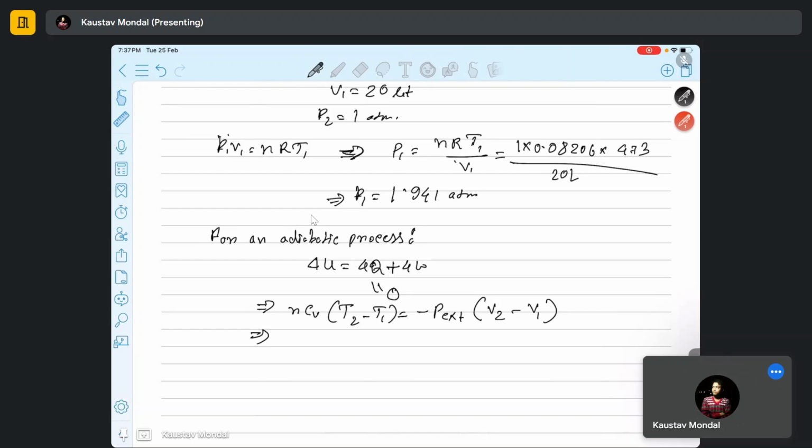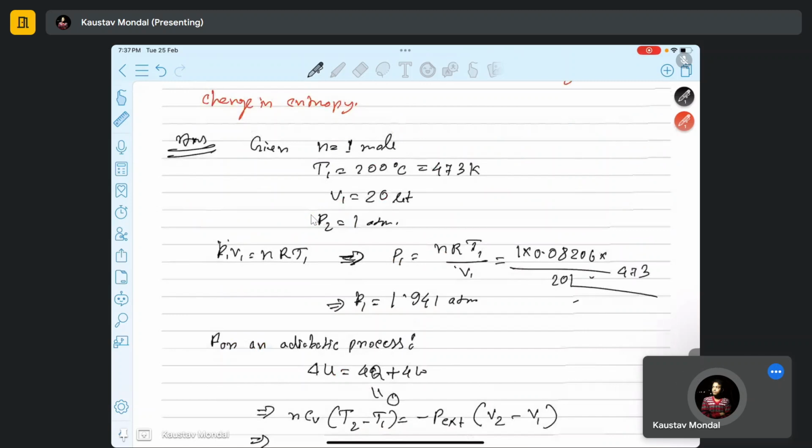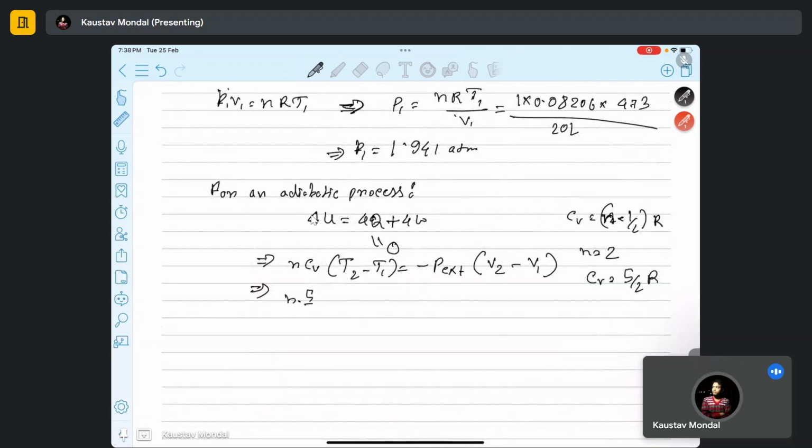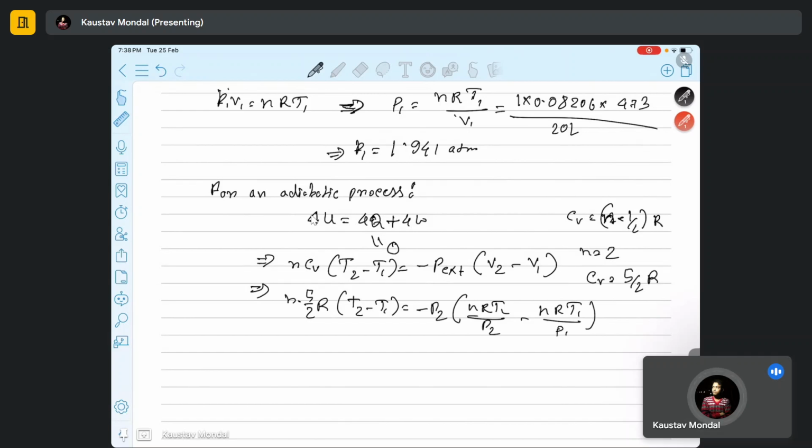As this is oxygen, a diatomic gas, Cv equals 5 by 2 R. So n into 5 by 2 R (T2 minus T1) equals minus P external, that is P2, (V2 minus V1), which is nR T2 by P2 minus nR T1 by P1.